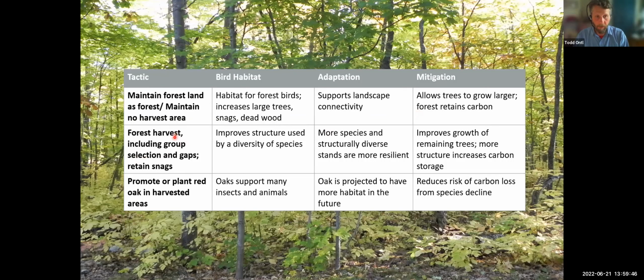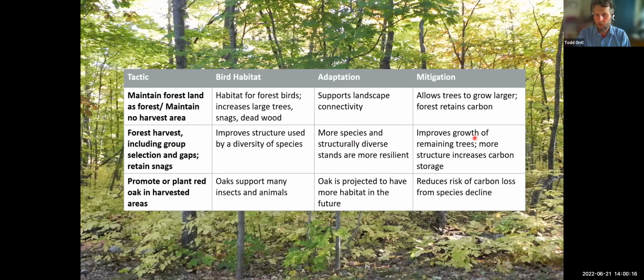But they identified other areas to do active management, such as group selection and creating gaps while retaining some of the snags. And so this is a good example of that win-win, where this is improving structure for a number of birds and diversity of tree species, which is important for some bird species. And those more structurally diverse stands are more resilient.